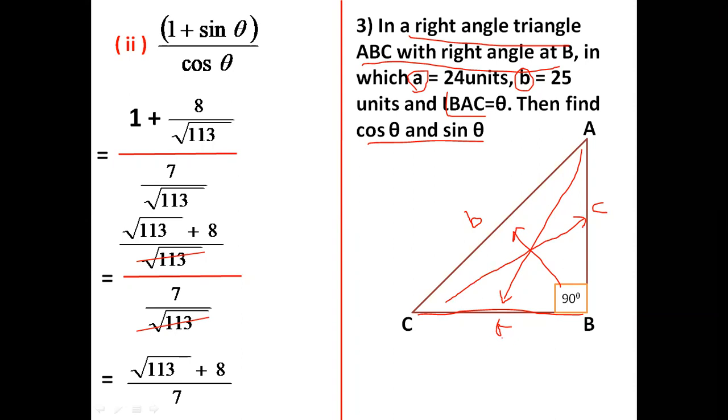Small a is the length of the side opposite to the angle A. Small b is the length of the side opposite to the angle B. Small c is the length of the side opposite to the angle C.